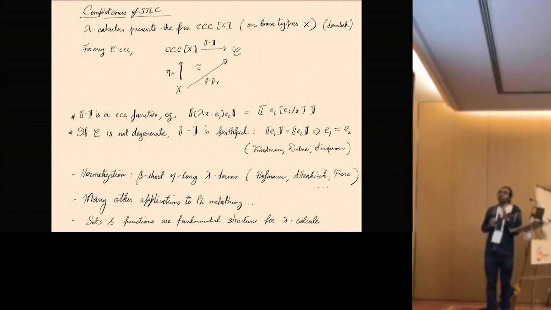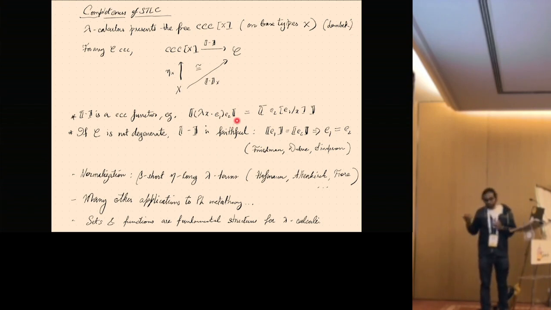Okay, so any presentation of lambda calculus that you write is going to satisfy this property that whenever you have some Cartesian closed category which interprets the base types, there is a unique way to extend this to an interpretation of the lambda calculus in C. Okay, and so this interpretation is not just a function on terms. It's a functor, which means it actually preserves equations.